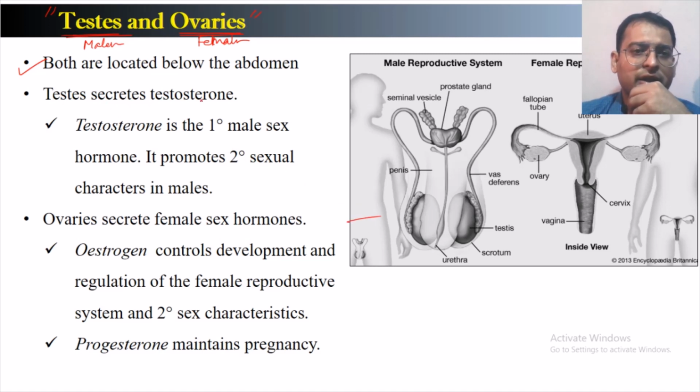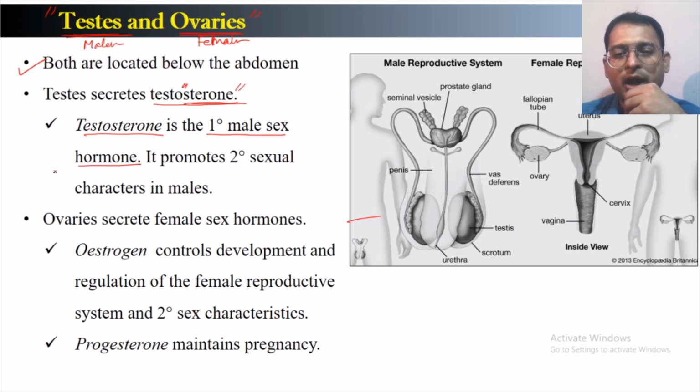The testis secretes testosterone. As the name suggests, with sterone, it is a steroid hormone. Testosterone is the primary male sex hormone. What does that mean? It means it defines that the person is going to mature into a male.